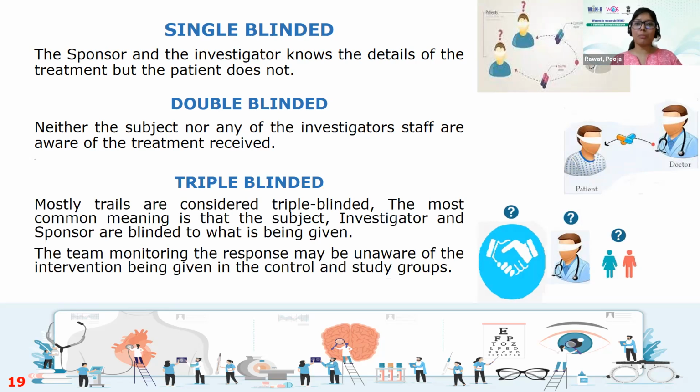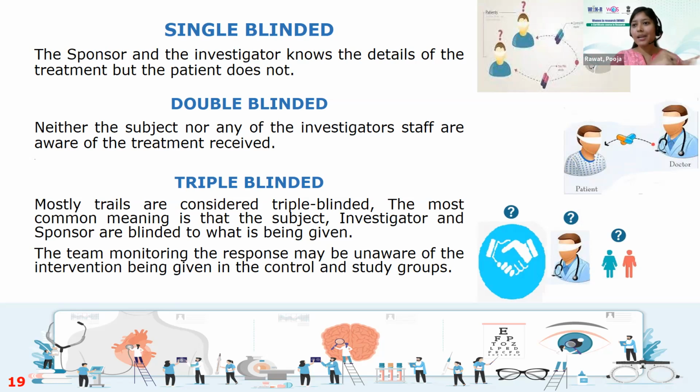And then comes the triple blind. Triple blind is where neither the patient knows, nor the doctor knows, and even the sponsor doesn't know which treatment is being given. Here, usually the sponsor hires a third party and gives them the randomization and blinding details. They say, you are the person, you do whatever you want to do.